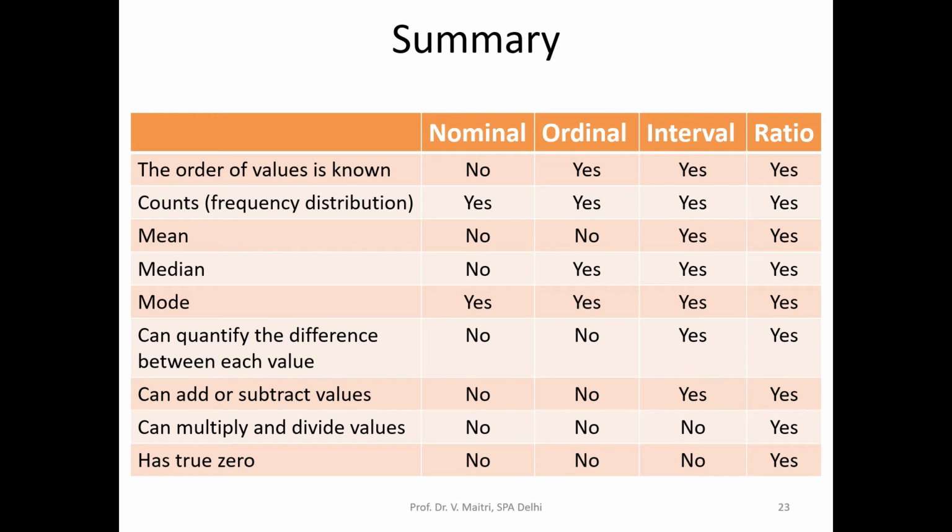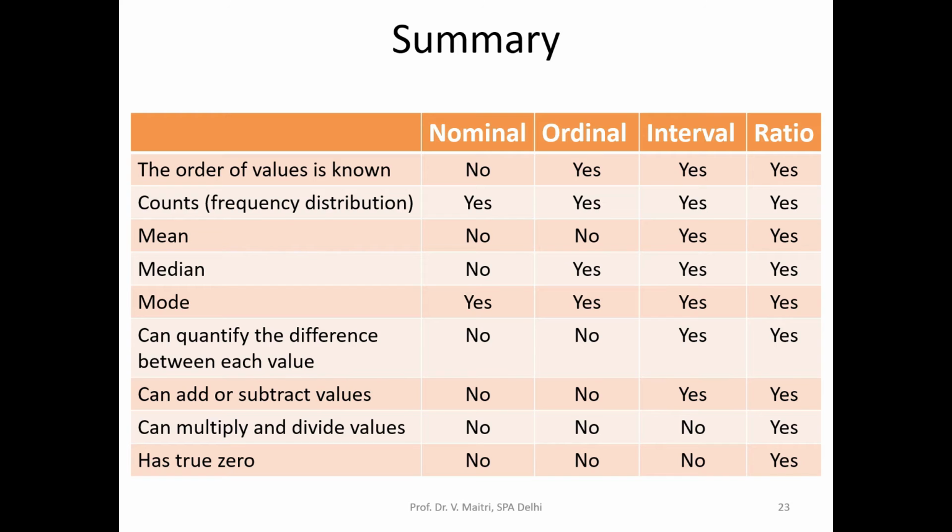Now a summary of that. We know that in nominal, ordinal, interval and ratio types of data, we have done it. Which one is doing what? The only thing is the ratio has an actual 0, interval does not. Summarising with respect to mean, median, mode: is the order of values known?